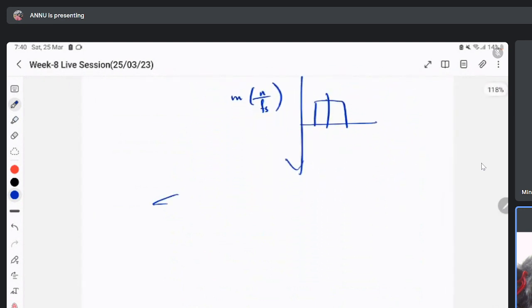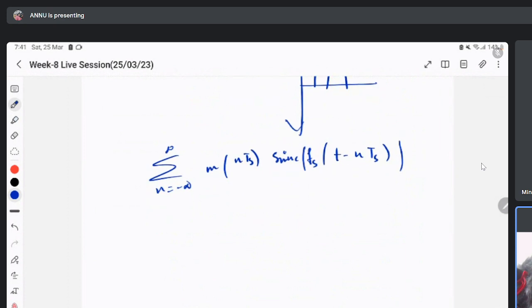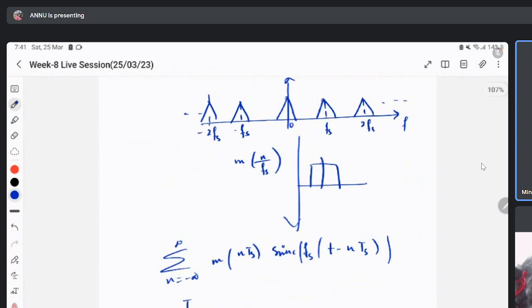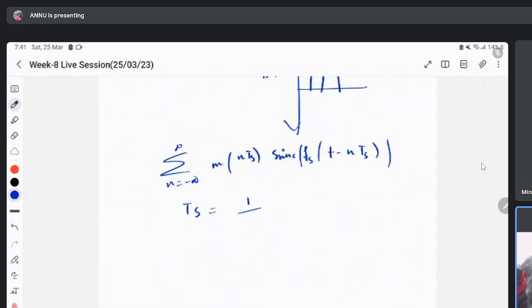So we pass it through a filter, and we need this type of expression: sum from minus infinity to infinity of m(nTs) sinc(Fs(t minus nTs)). This was our expression for the filter. Now the expressions are given in the form of Fs, so Ts is equal to 1 by Fs.